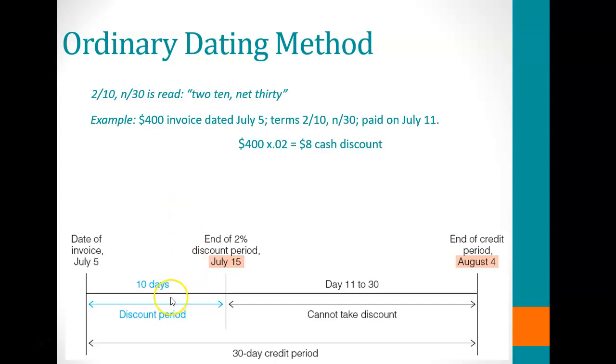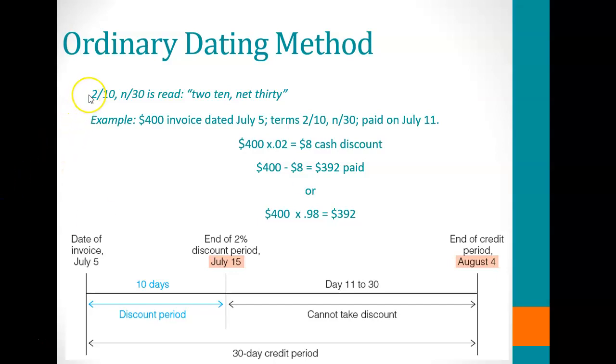So because we did pay within the discount period, we receive a 2% discount off the 400. So the cash discount will equal $8. Therefore, the actual amount paid after the discount to the seller would be $392. Or if you think about it, the full amount is going to be 100%.